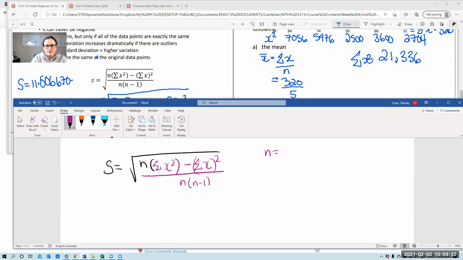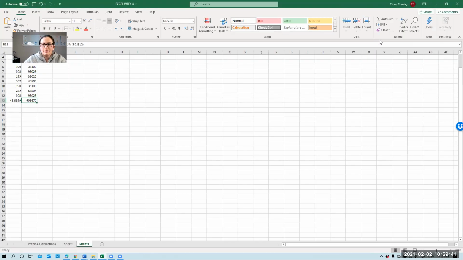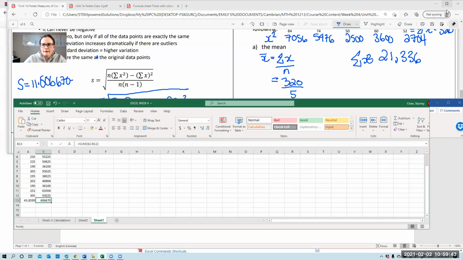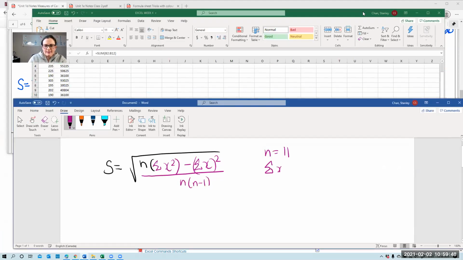So we know n is equal to 11. We know that the sum of the x's squared is equal to 606,670. I just calculated that using Excel.